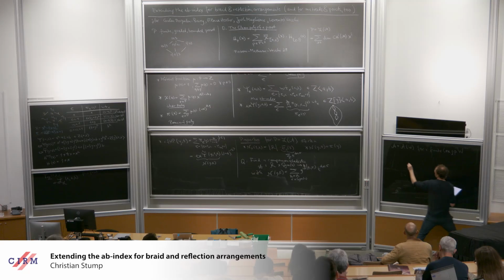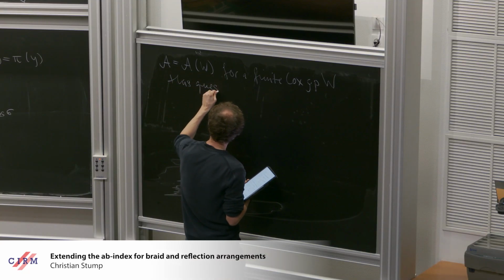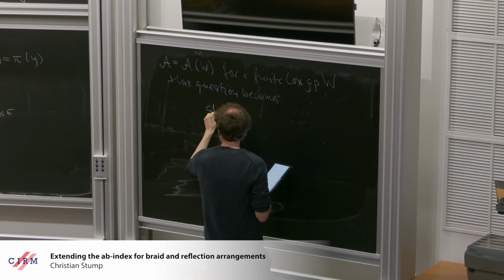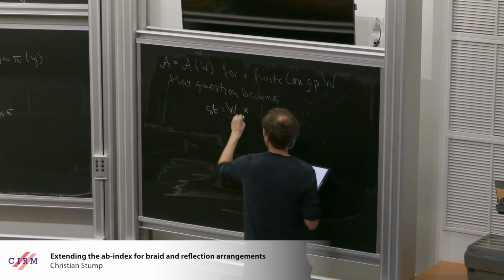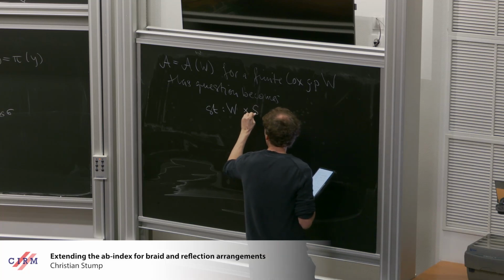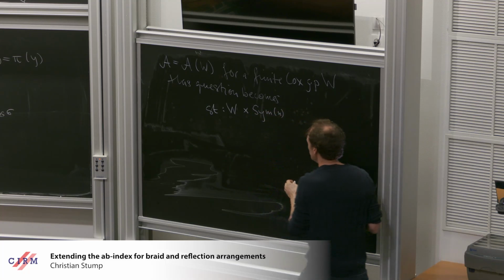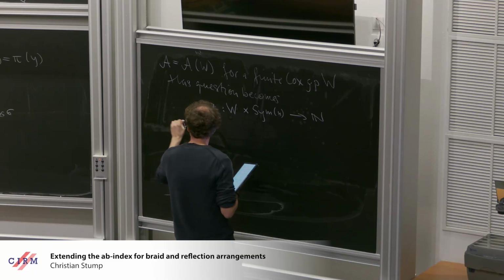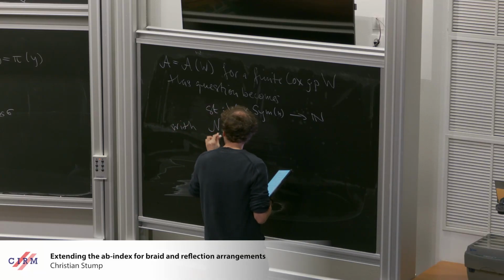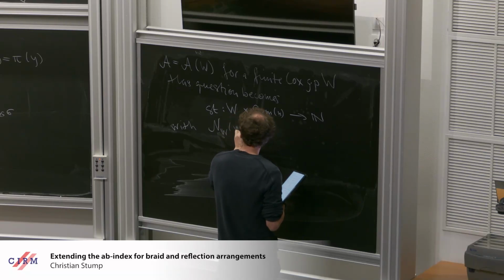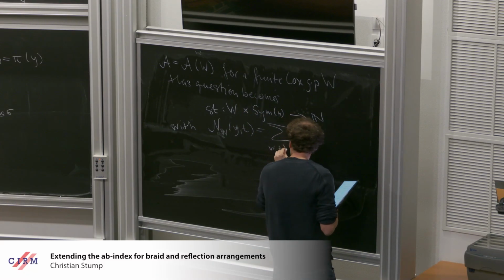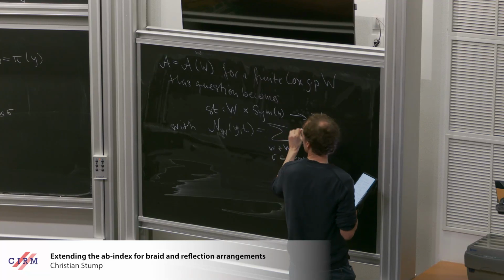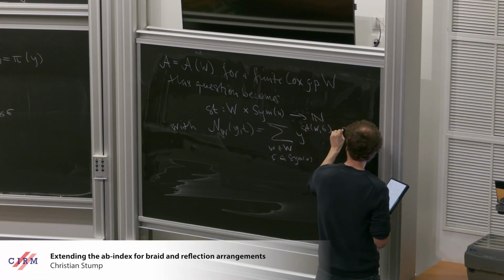So this question becomes: find a statistic ST from a reflection group W of rank n times the symmetric group in n letters to the integers, such that n of W, y, t is equal to the sum over W in W and sigma in S_n of y to the st of W comma sigma, t to the descent of sigma.